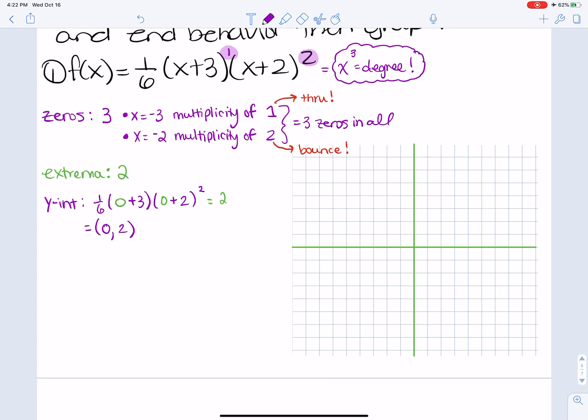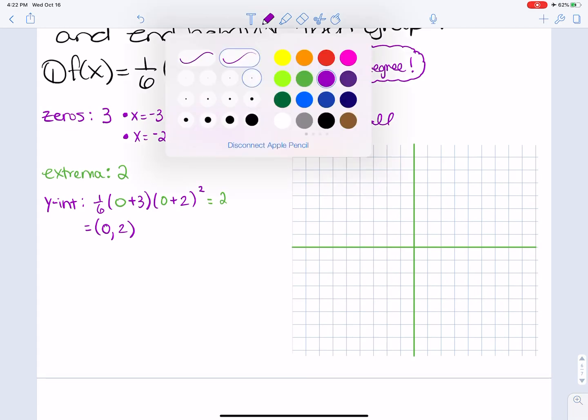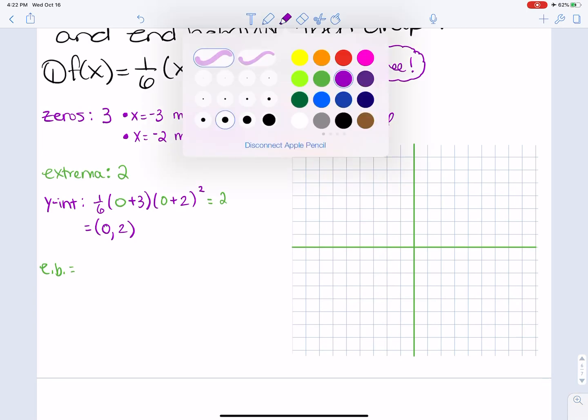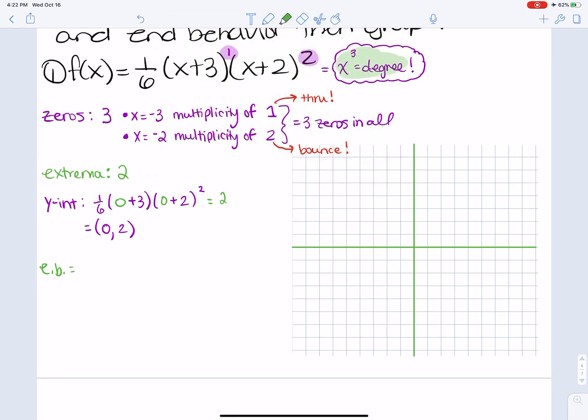All right. Next thing to do, and the very last thing to do, is your end behavior. Now remember, the end behavior should go off of the degree. Since our degree is 3, our picture is going to be a line, and it's a positive 3, so it's a line going up. And since we have a line going up, now we can do our end behavior.